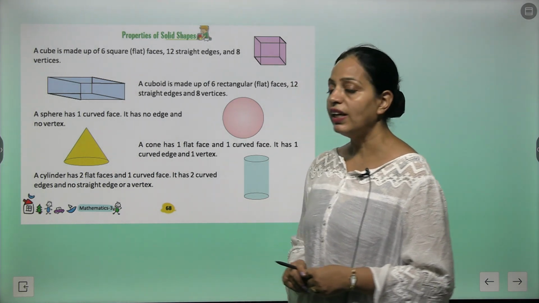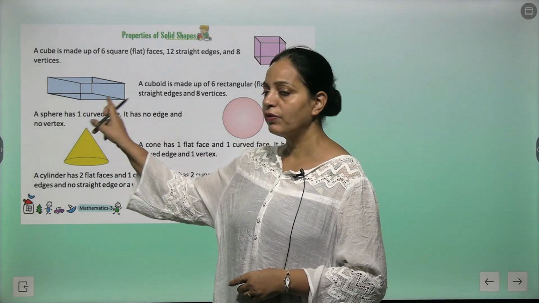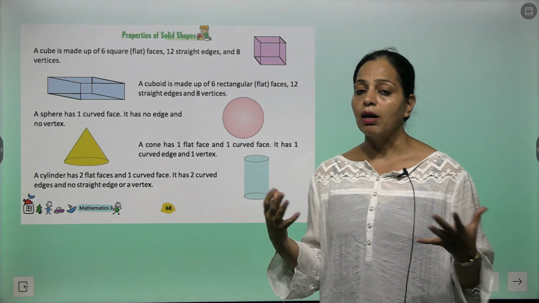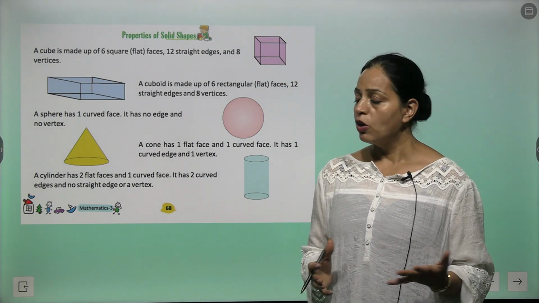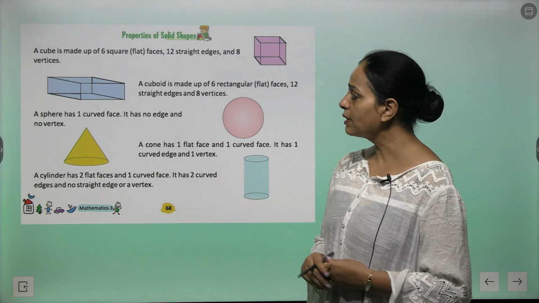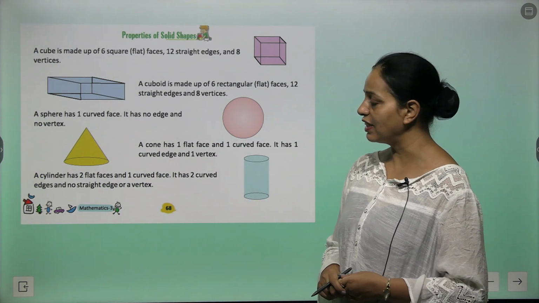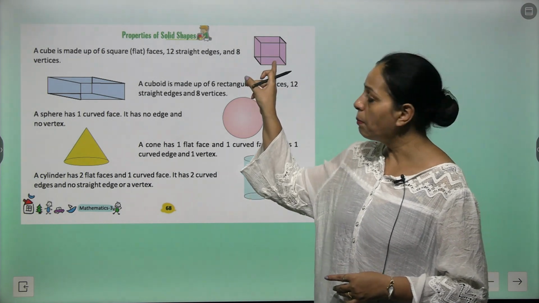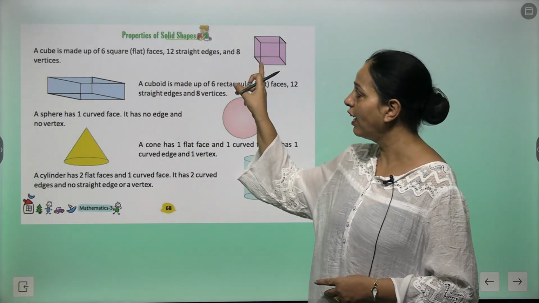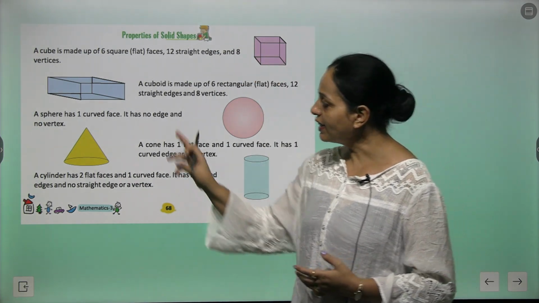Okay. Now the next one is a cuboid. Cuboid like this shape. You have seen cupboard, okay, and book. That is a cuboid shape. So cuboid is made up of 6 rectangular flat faces, 12 edges and 8 vertices. Same as cube. बस इन दोनों में difference क्या है? इसमें each face is a square shape and इसमें क्या है?